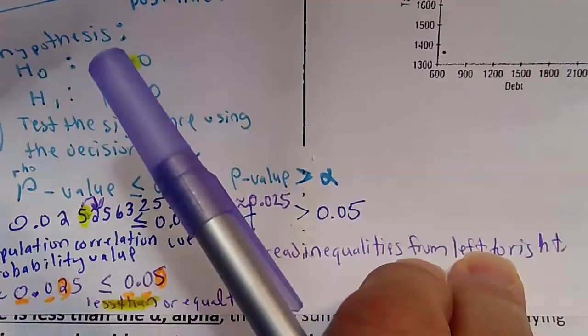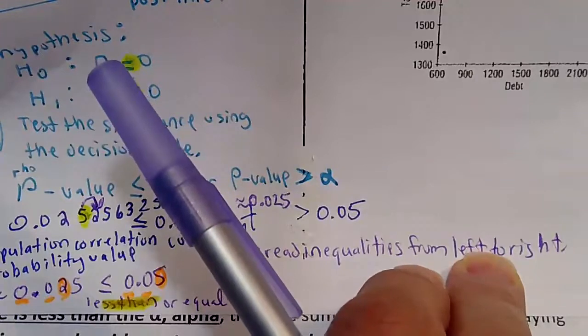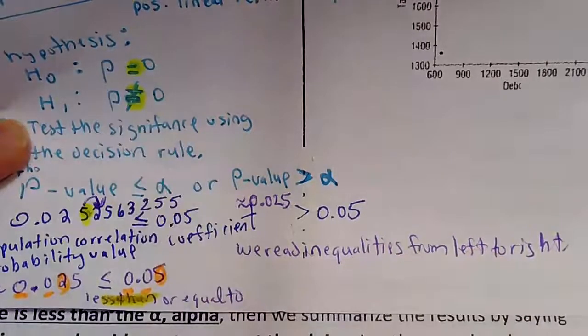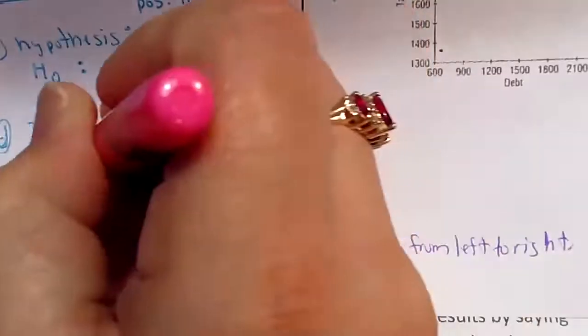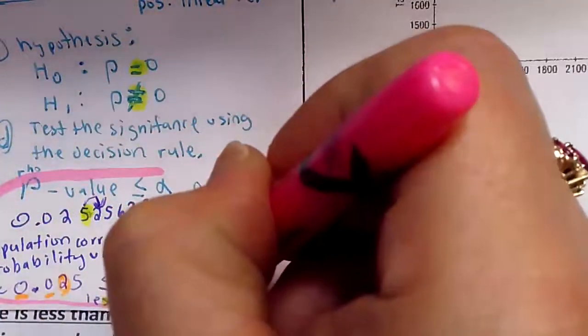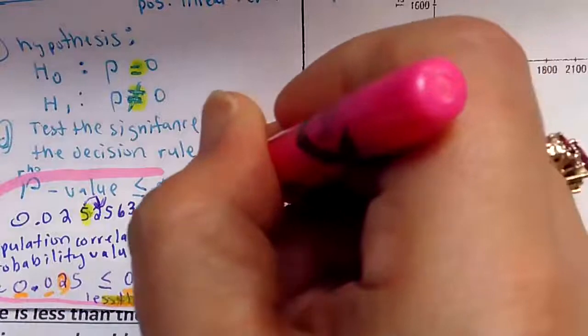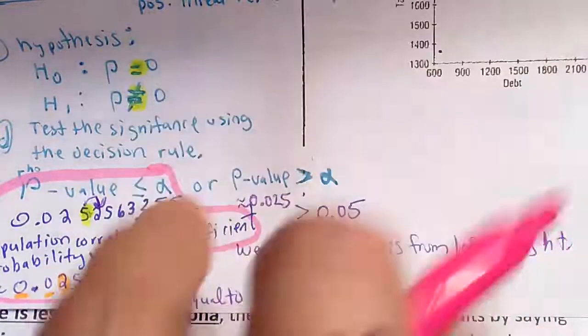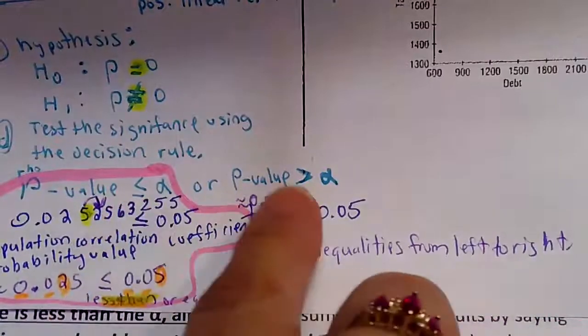So let me see how I highlighted that. Yeah, what I did was I boxed that one. See, either this one or this one's going to be true.